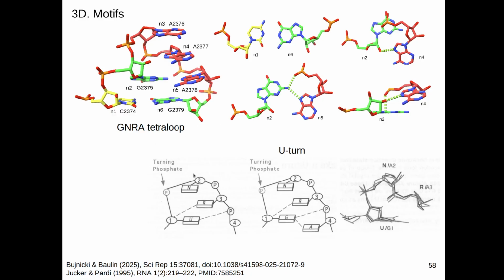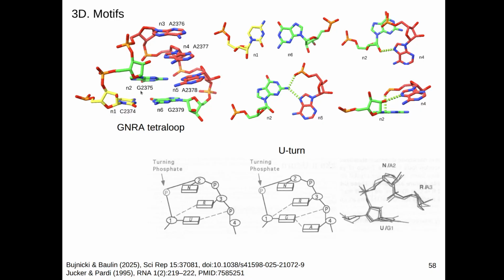So it's really a whole modular hierarchy. And just as another example, this GNRA tetraloop actually includes as a sub-motif a variant of a U-turn, and a U-turn is a 3-nucleotide motif which forms a sharp turn in the backbone. Most often it's of pattern UNR, so the first is uracil, then any nucleotide, then a purine. It has this characteristic ribose-base hydrogen bond.